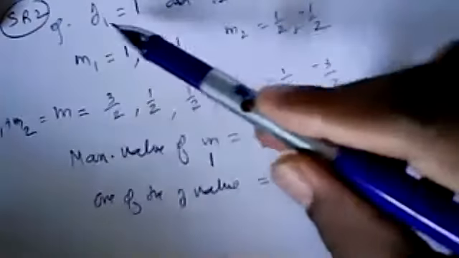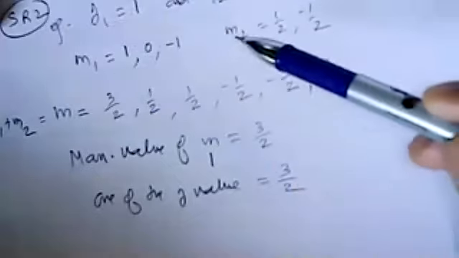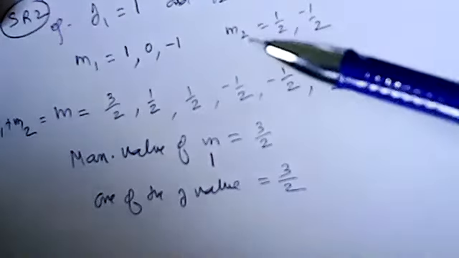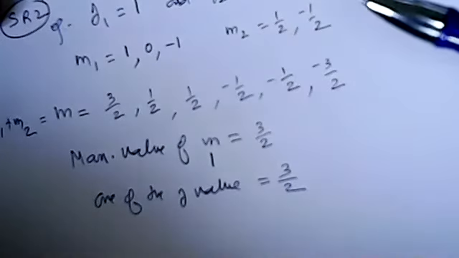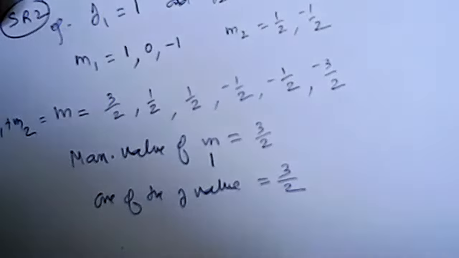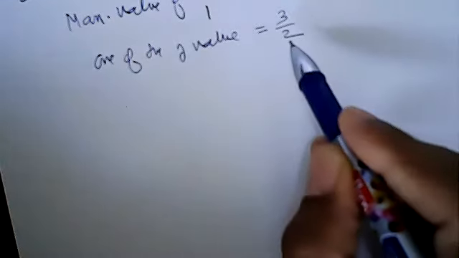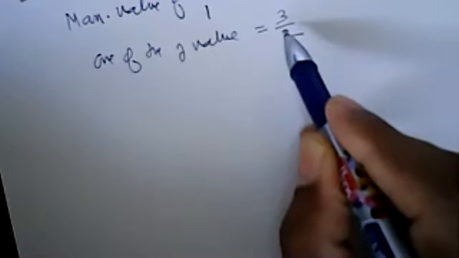See, now you distinguish between J1, J2, M1, M2, J, M. When I say J1, J, M1, M, like that, you distinguish what it is. J and M are after addition. That 1, 2, all these are before addition, individual components. Okay. So one of the J values is 3/2. So what are the components of this J, 3/2?